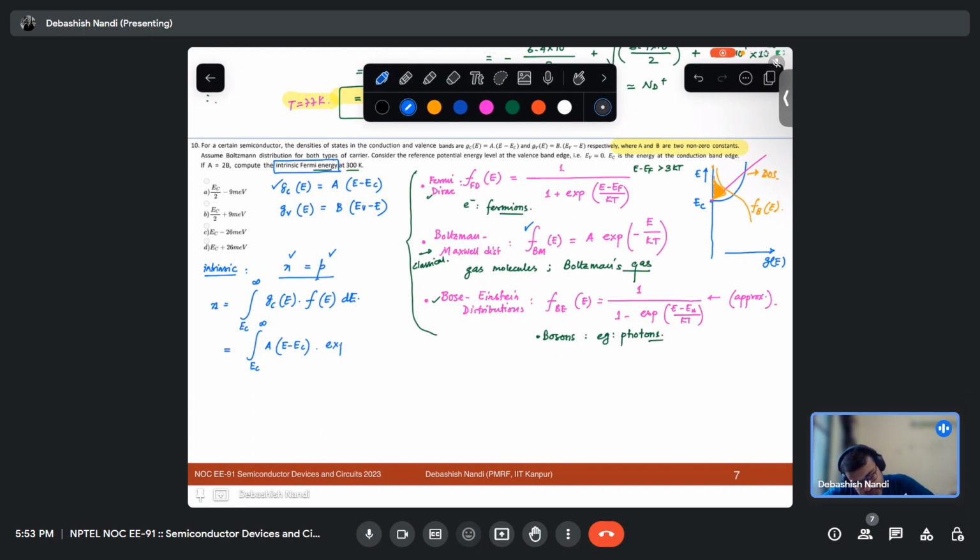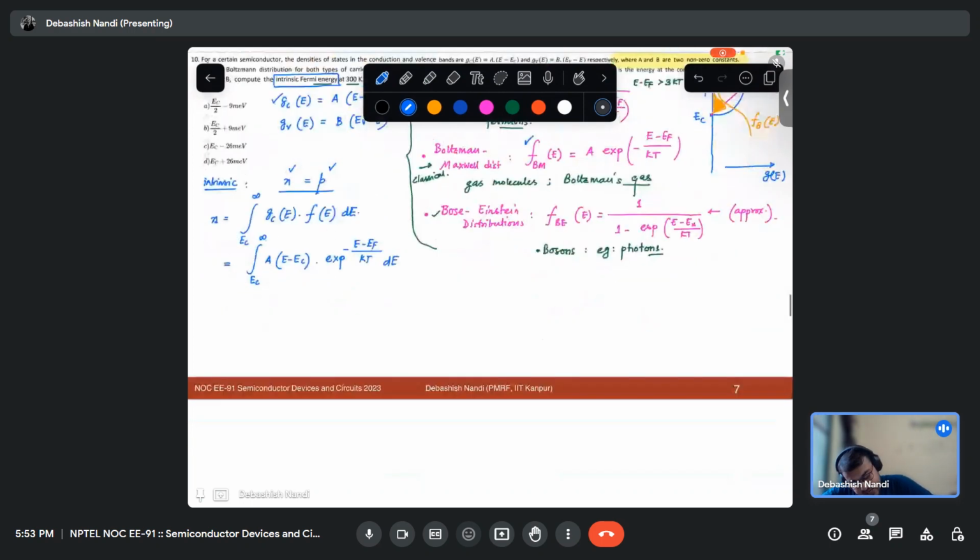It is exponential minus E minus EF by KT, and you have this dE here.